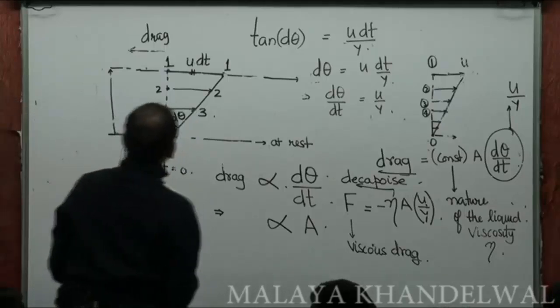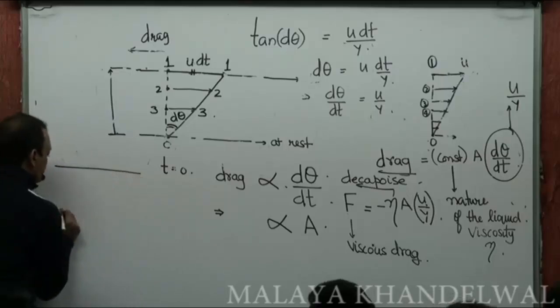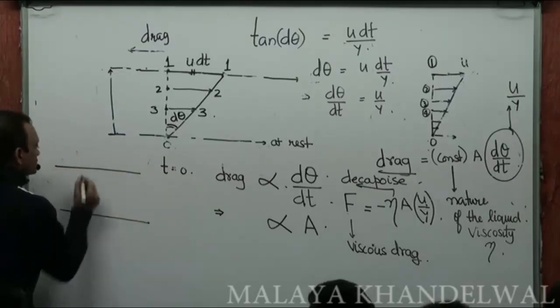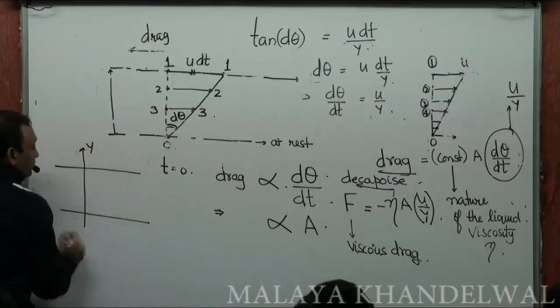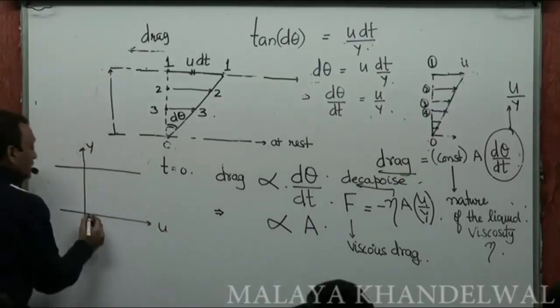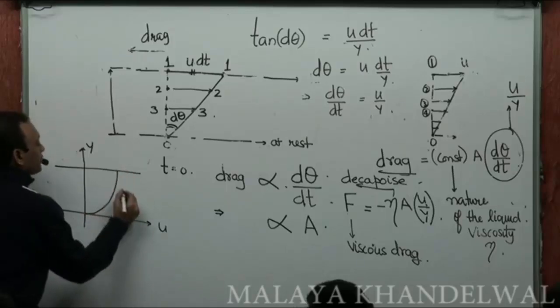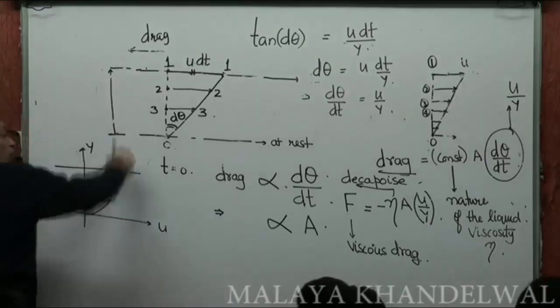Now, there are times when between these two layers, say this is the y direction, the velocity profile, this is u versus y, could be parabolic. It may not always be linear.